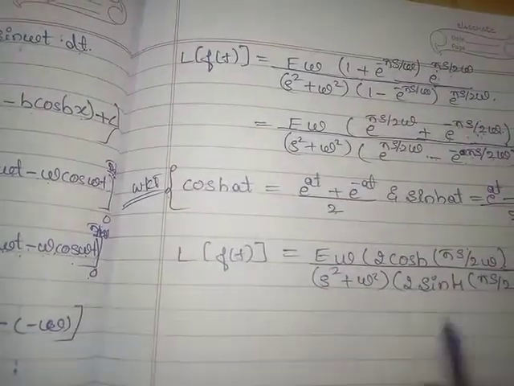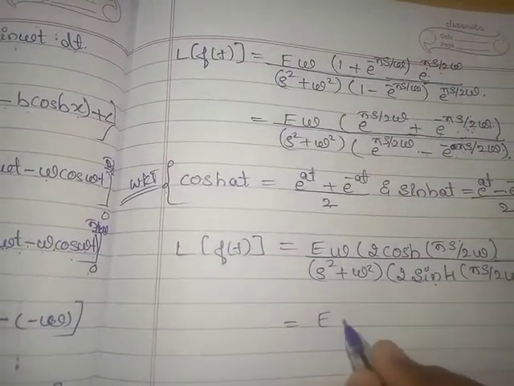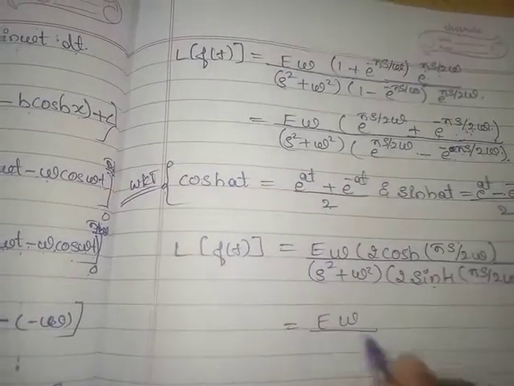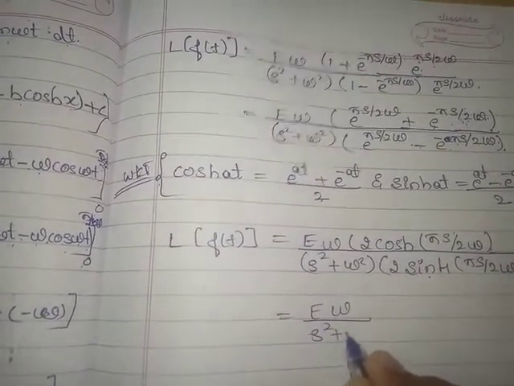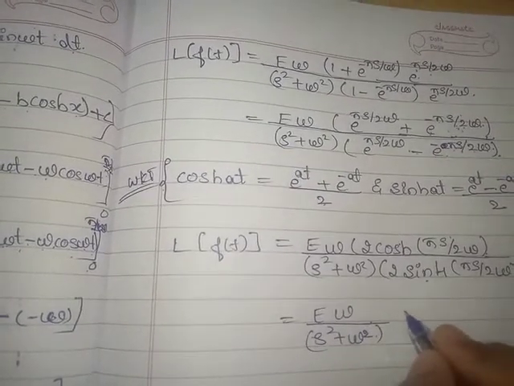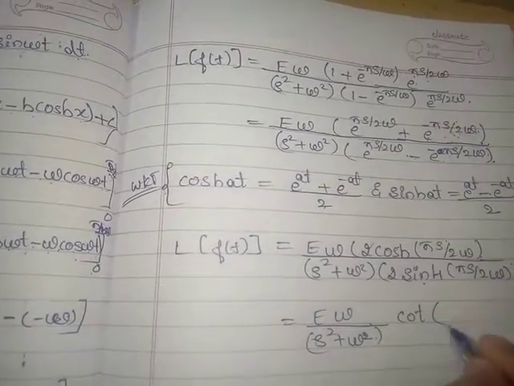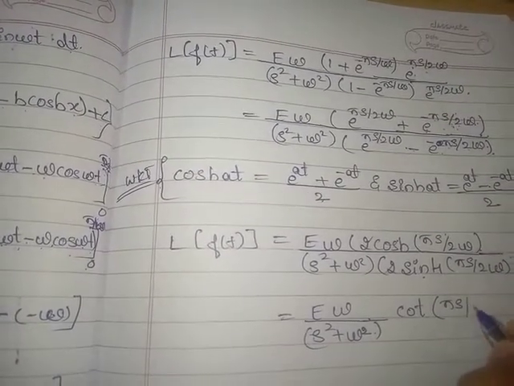Therefore cos by sin is cot, we get e omega divided by s square plus omega square as it is. The 2 gets cancelled, cot pi s divided by 2 omega.